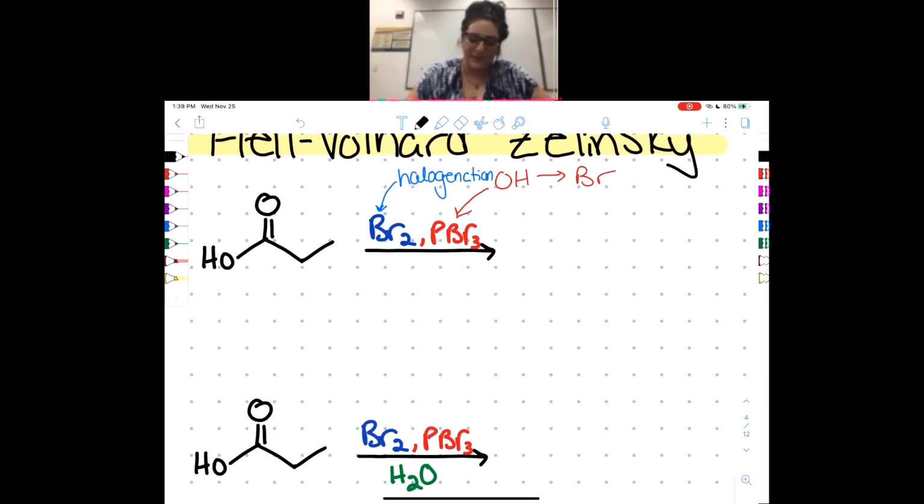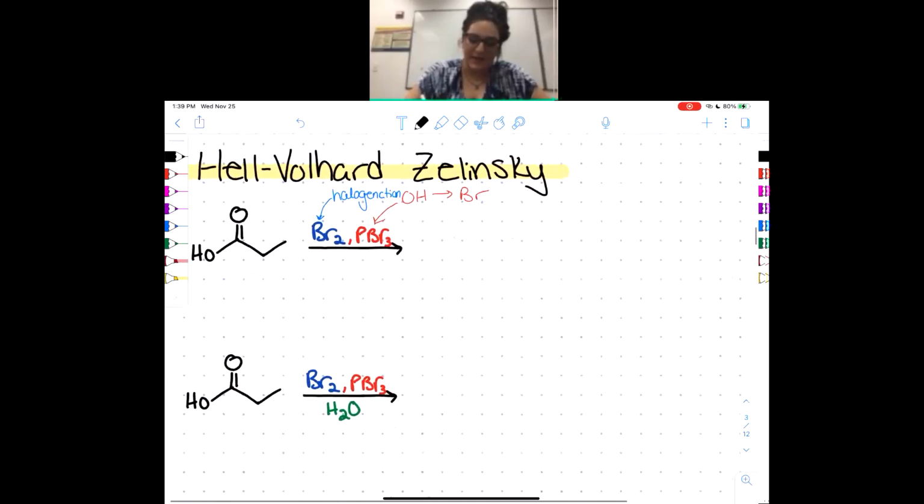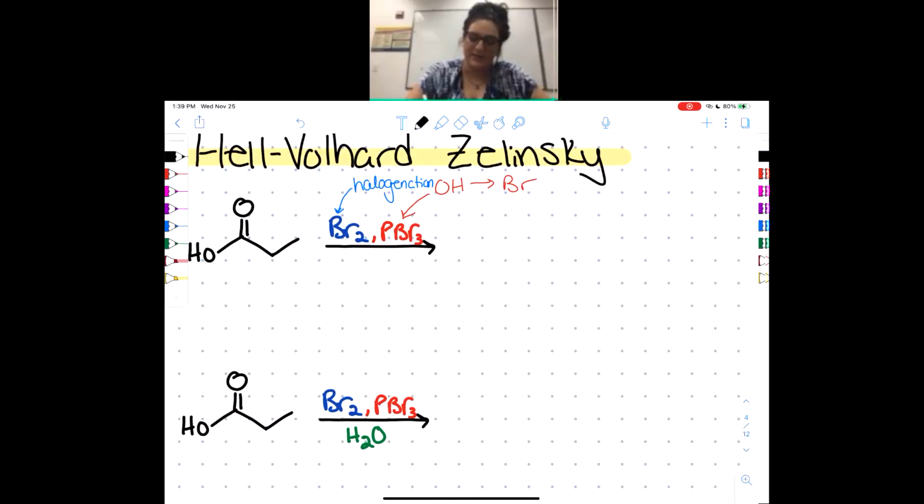So, as you guys said, first things first, we're going to go ahead and turn this into an alkyl halide. So we went from OH to Br, or I'll make that red so it matches.